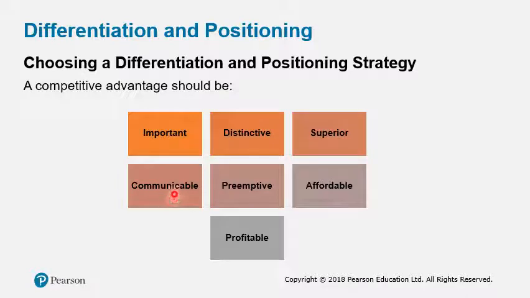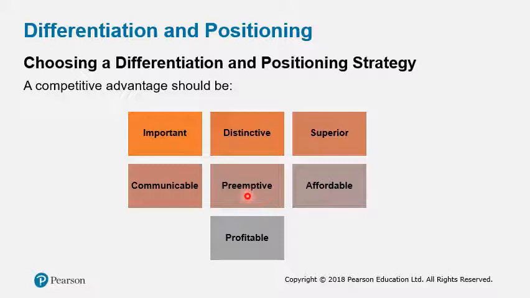It must be communicable. It must be visible to the consumers or your market, and then it has to be preemptive so that your competitors will not easily copy your element. If you're doing bubble tea, for example, you have to make sure that what makes your bubble tea so different, that if your competitors wanted to follow and do the same bubble tea, it won't be as good as yours.